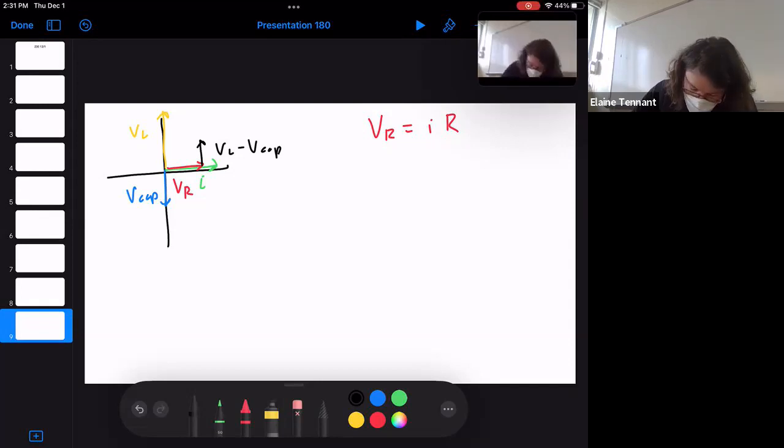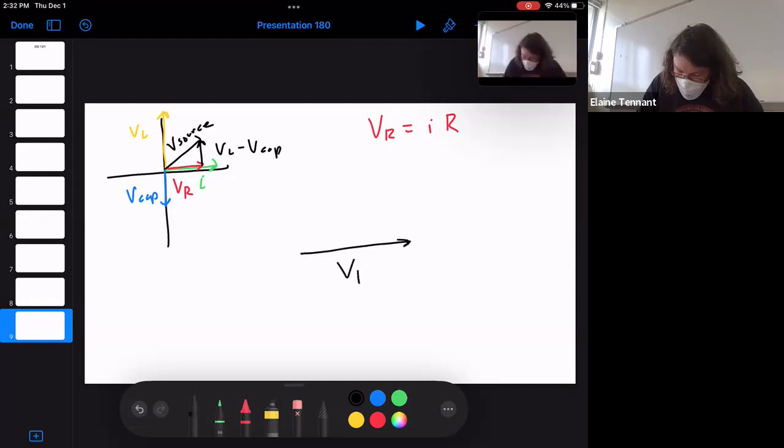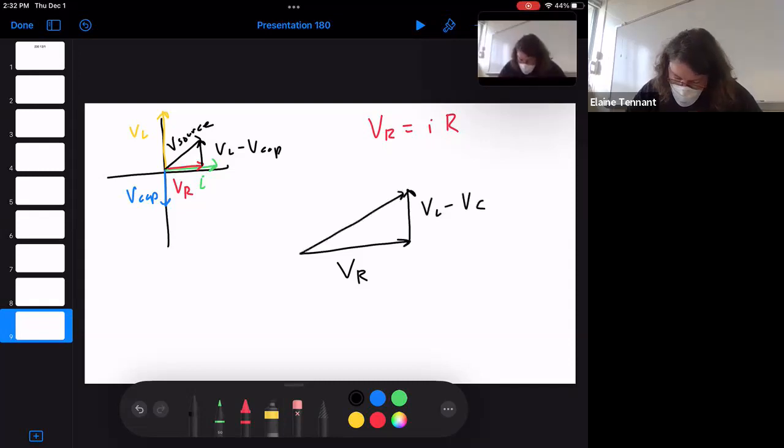Okay. And that means that my source voltage looks like that. Notice I made that triangle. We'll draw it bigger over here with the voltage across the resistor on the horizontal component, and the vertical component is the voltage across the inductor minus the voltage across the capacitor. Sound okay?